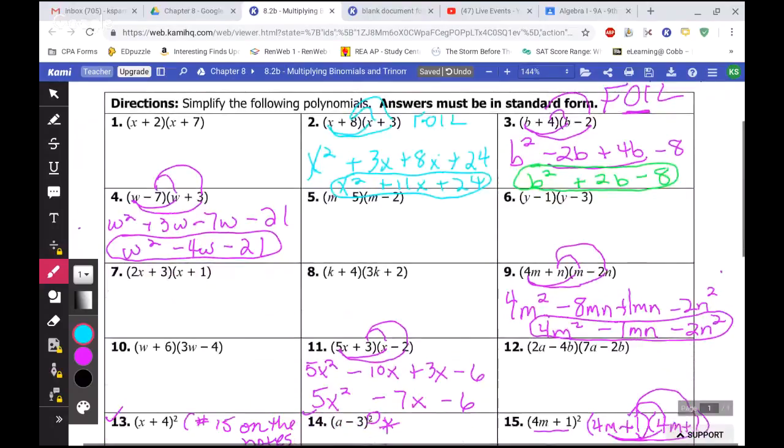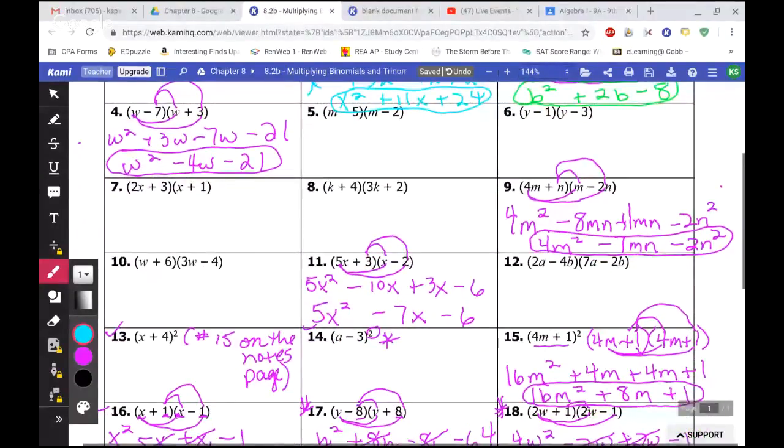Yes, ma'am. Okay. And number 9, if you multiply 4m times m, you get 4m squared. So that's my first. And then outer is 4m times negative 2n, which gives me negative 8mn.